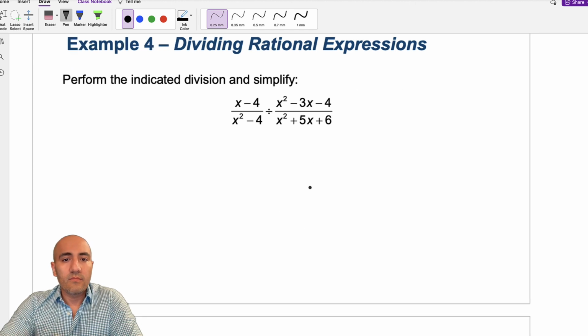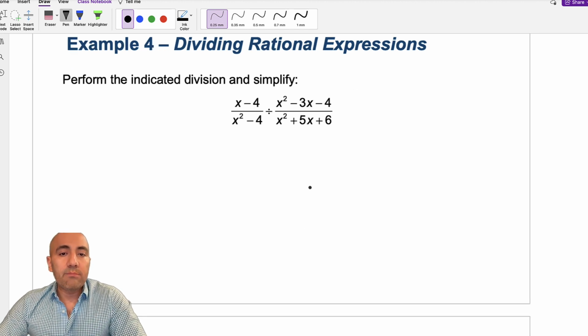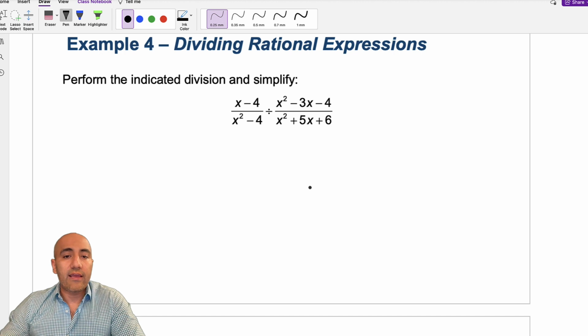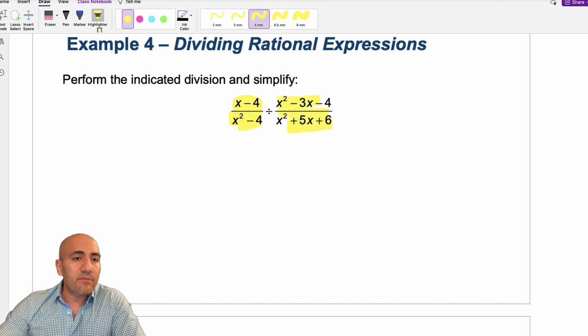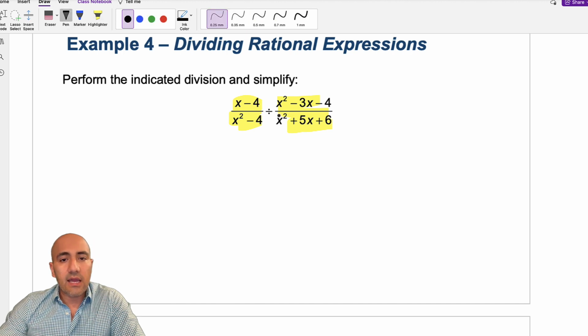For example, say we're asked to simplify this, right? So we have, again, one giant fraction where the numerator is this whole fraction, divided by this whole fraction over here. Okay, so we're going to keep the first fraction and multiply it times the reciprocal of the second fraction.